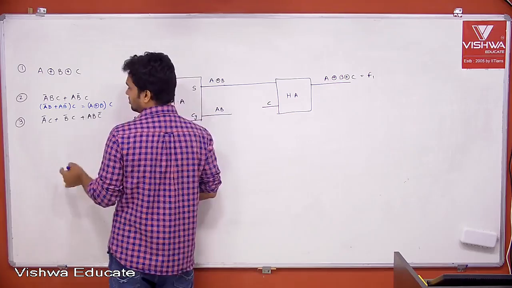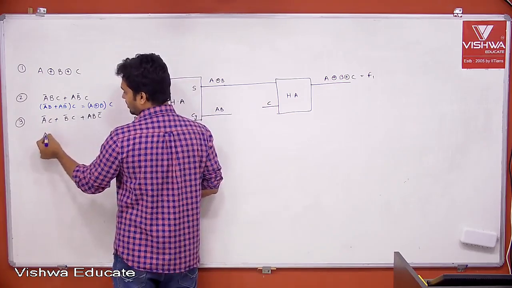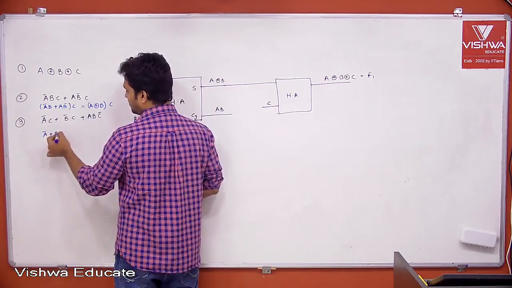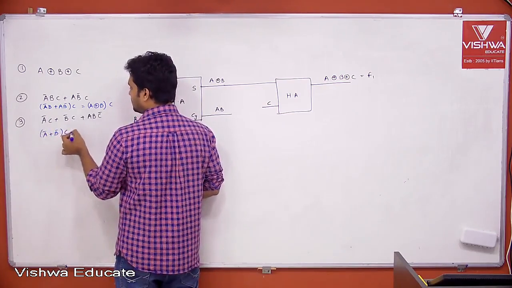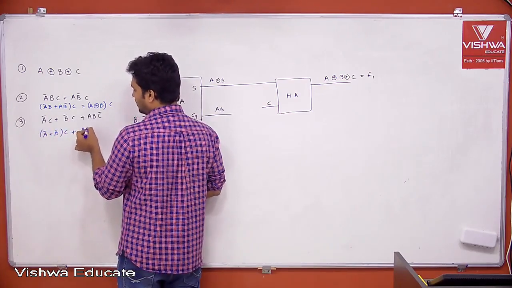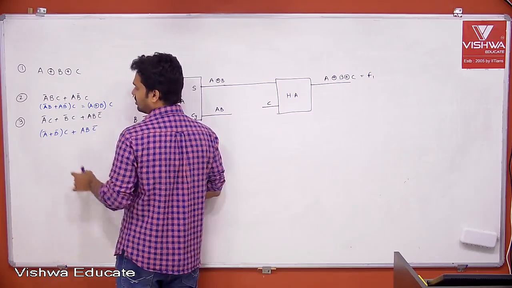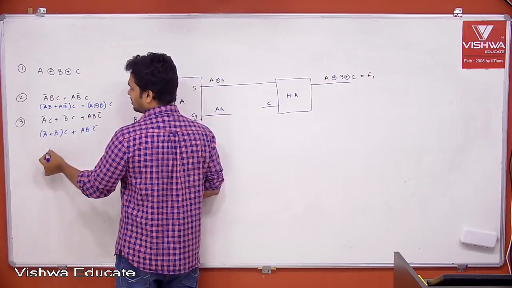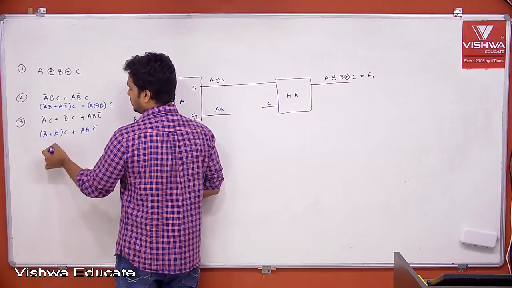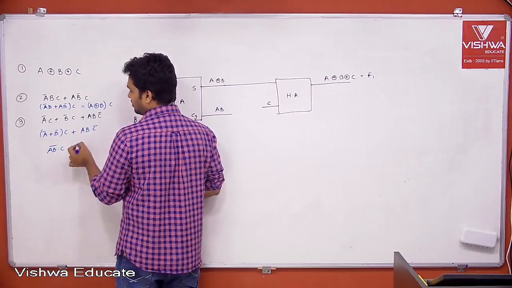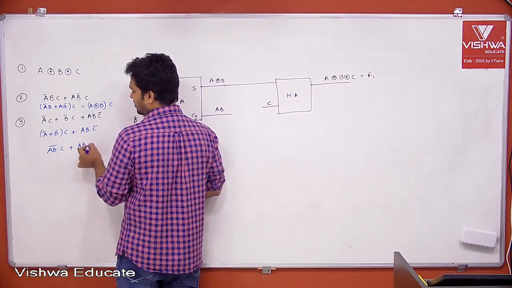Similarly, here also, take C common, A bar plus B bar into C plus AB into C bar. What is A bar plus B bar? AB whole bar into C plus AB C bar.